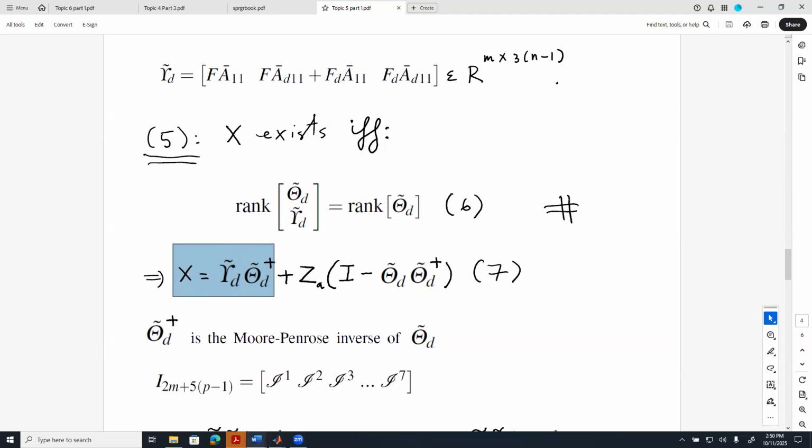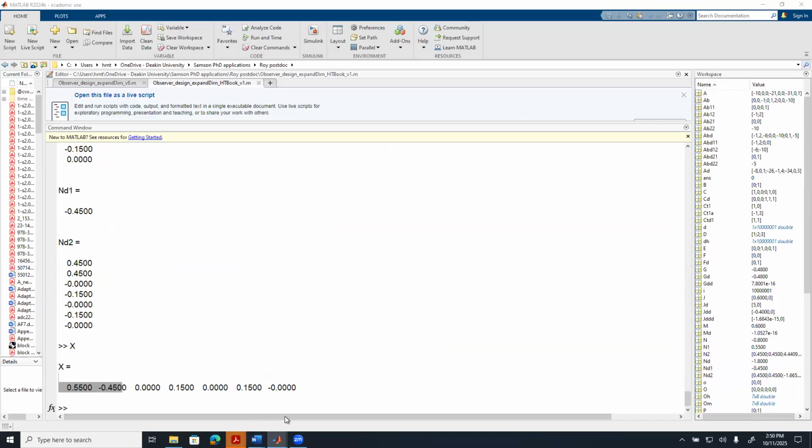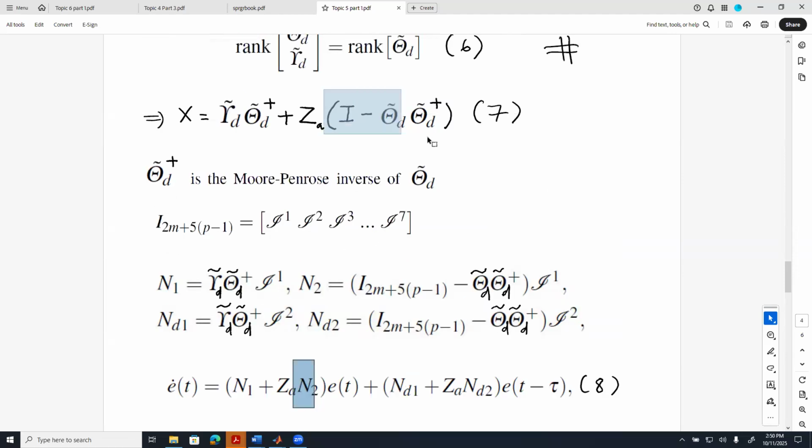When we look at that, we can see that this is N1, which is unstable, and this second one is ND1. So in other words, the time delay system itself has N1 as an unstable bit. ND1 is the minus sign. And then we also have this extra freedom from this expression.